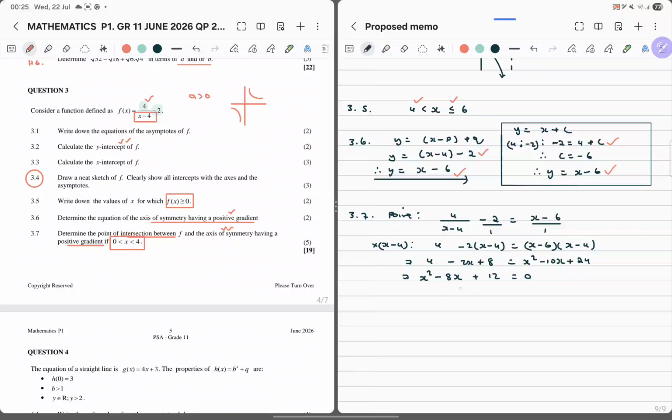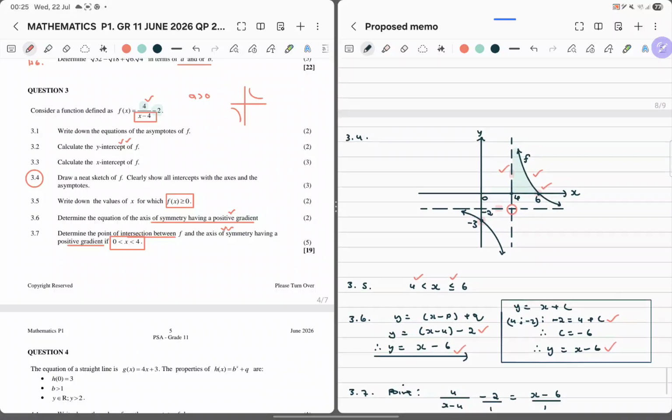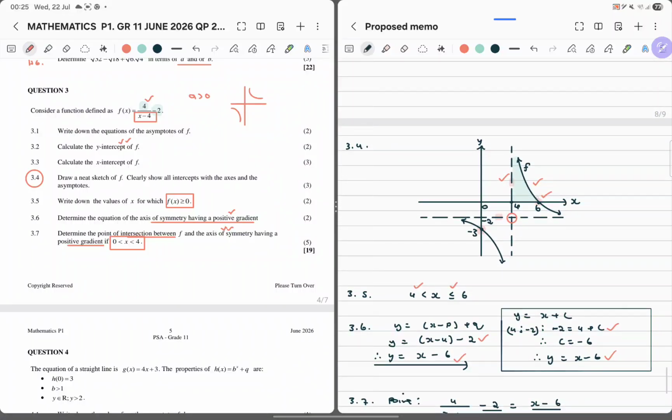Nice. Now, what we need to do is to factorize. So x minus 6, x minus 2. Now we can already see that the one that we want is x equal to 2. We ignore the other one because that one would be exactly over there.